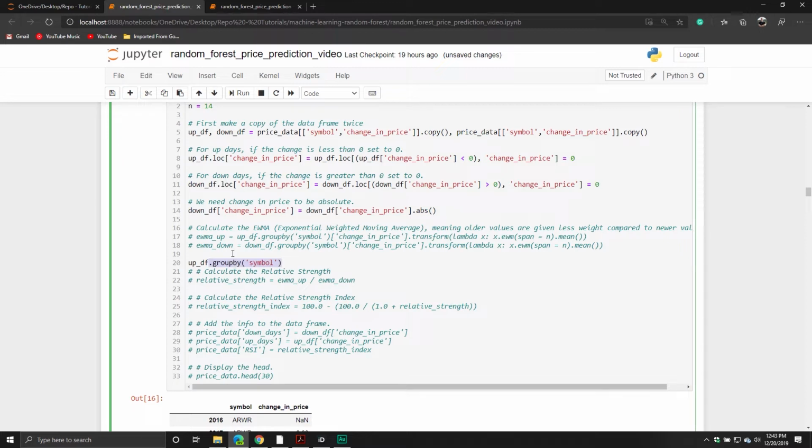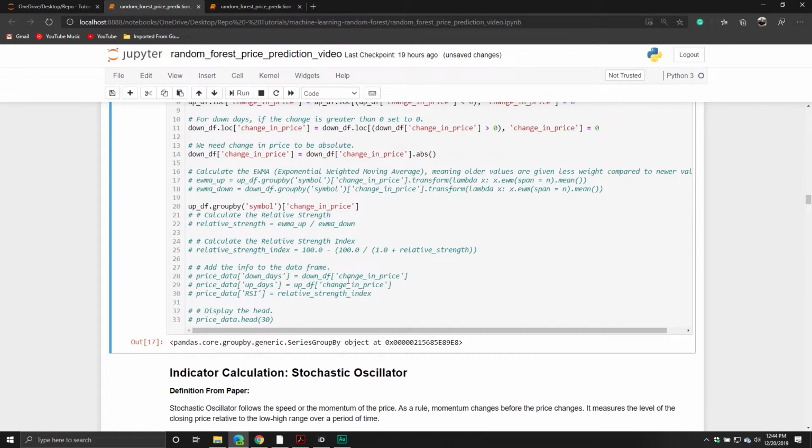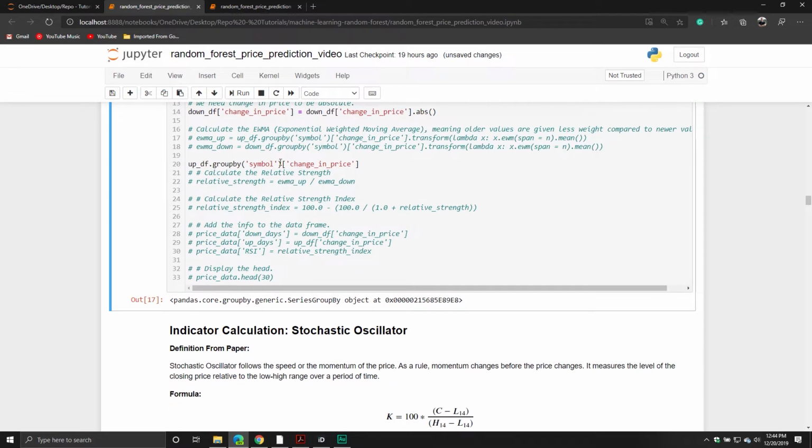If you want to see that, you can say, for example, maybe you want to take the change in price column. We'll just take the change in price column because that's the only one we have. And you can start applying some transformations to that particular group.